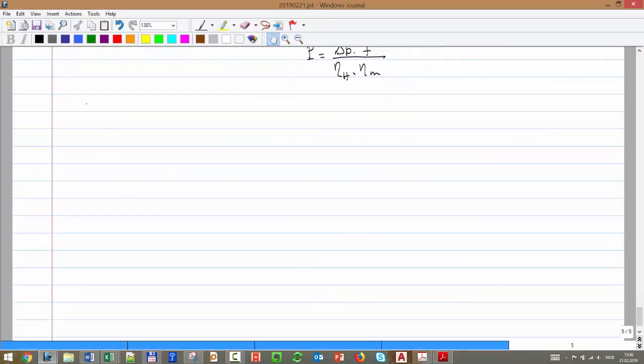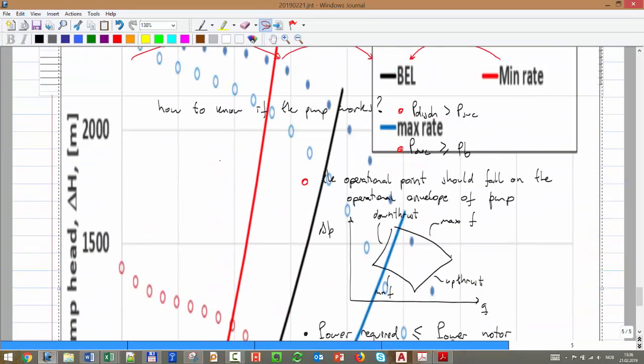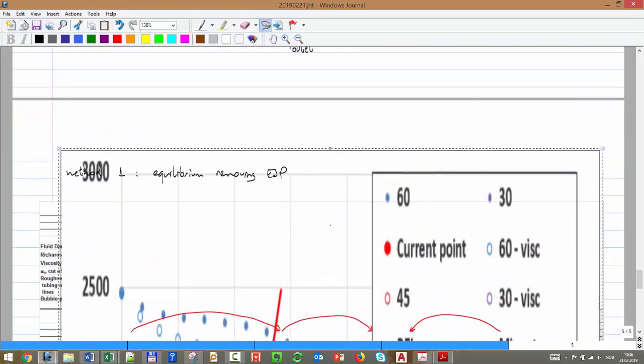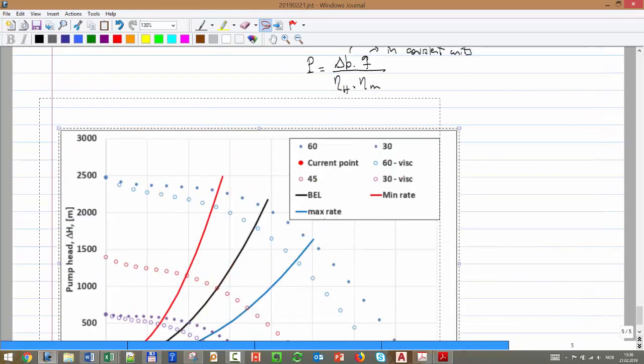So in principle, you have simply to plot your points on that map. Okay, the point of delta P and Q that you find.